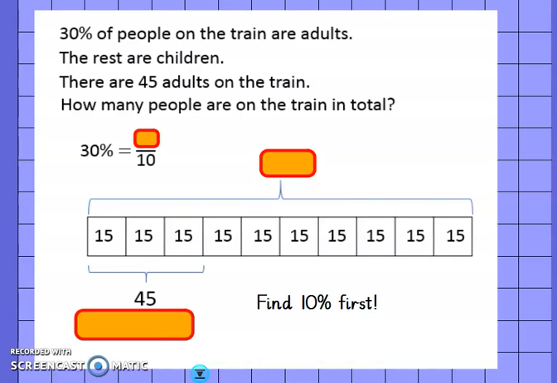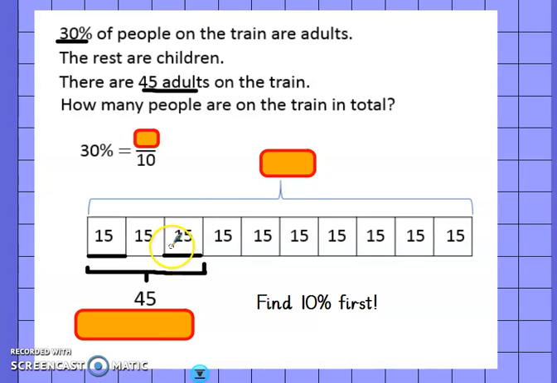So it sounds complicated, but really it's actually quite an easy one because it says there are 45 adults and that makes up 30%. So 10% must be 15. Because look here, it's telling us 30% is 3 lots of 10%, which gives us 45. We're splitting it into 10%. So 45 divided by 3 gives us our 10%, which is 15.